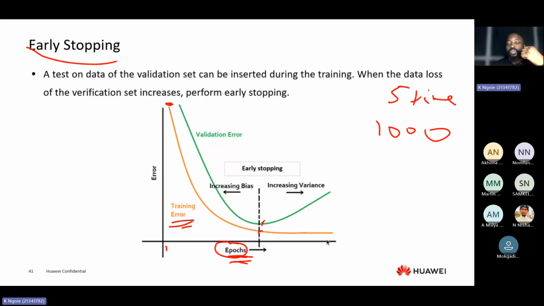But as we continue, let's say this was at 700 epochs, but we still want to get to 1,000. Now we notice that from 700, that's where we had the lowest value. As we continue, we have an increase of the validation error. So we know that we just have to stop training from here. We're going to change our training to only train 700 times, not 1,000 times, because 1,000 times will give us the wrong model. So this is the method called early stopping.